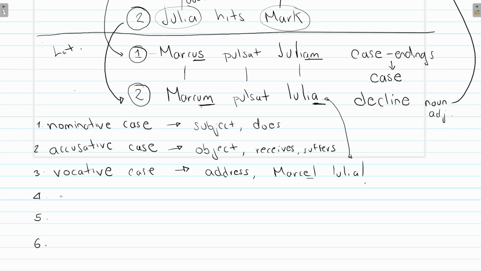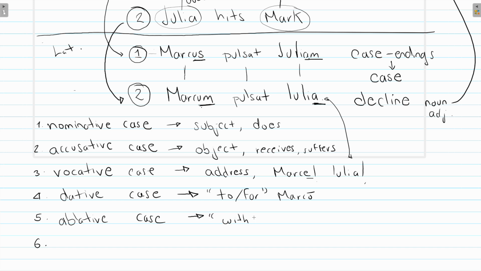And we also have the dative case that we translate usually in English using a preposition, to or for, and that would be "Marco" in Latin. So Marco would be something like to Mark or for Mark. We also have the ablative case that we usually translate to English using the preposition with or by.